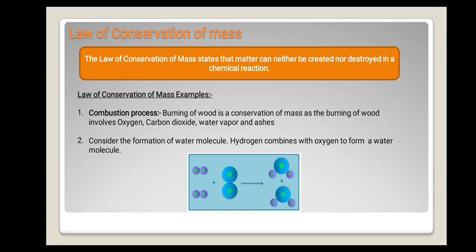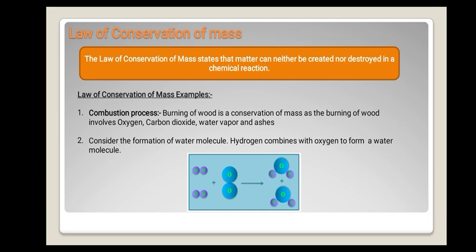When we burn wood, it will be converted into, as the burning of wood involves oxygen, carbon dioxide, water vapor and ashes. That means the reactant side is equal to the product side. Whatever substances are present in the wood are converting from one form of energy to another form.